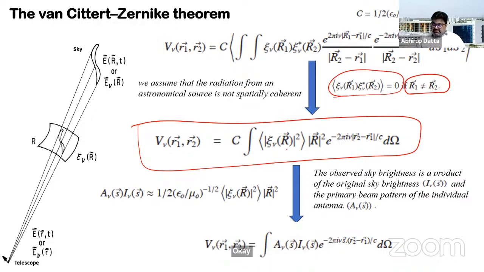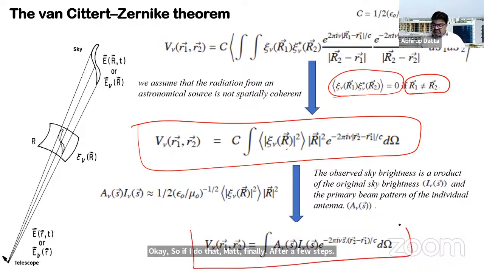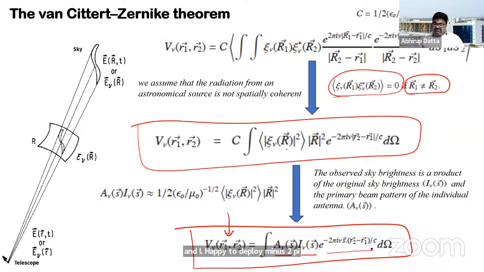So if I do that math, finally, after a few steps, you essentially give rise to an expression like this, where this is the visibility function. V is an integral of A and I and e to the power minus 2 pi, so and so. If we just do the math, it will be supplied to you.